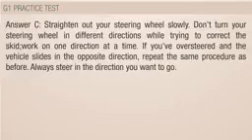Answer C. Straighten out your steering wheel slowly. Don't turn your steering wheel in different directions while trying to correct the skid. Work on one direction at a time. If you've oversteered and the vehicle slides in the opposite direction, repeat the same procedure as before. Always steer in the direction you want to go.